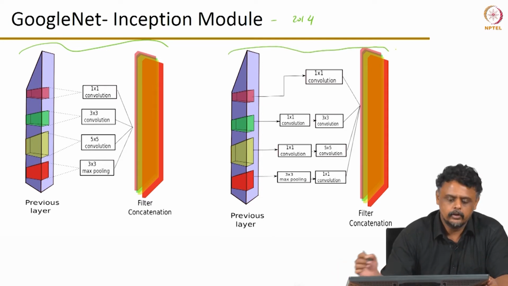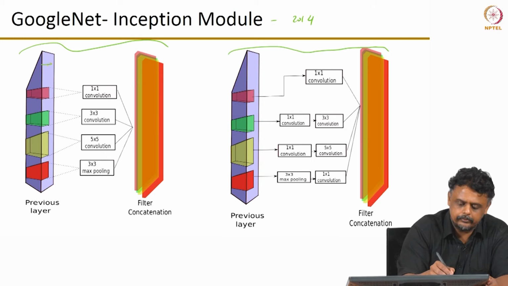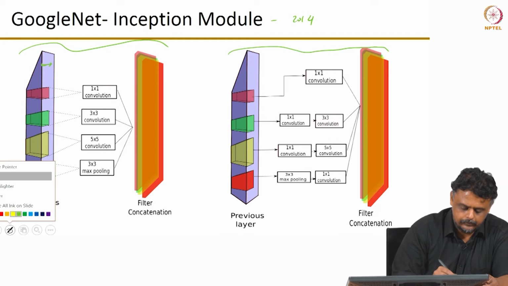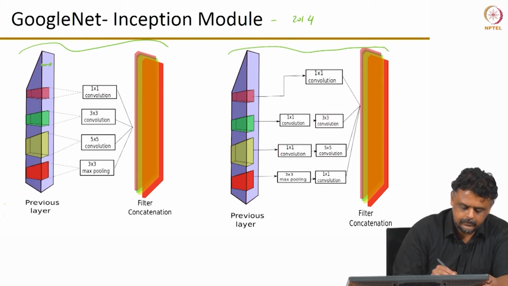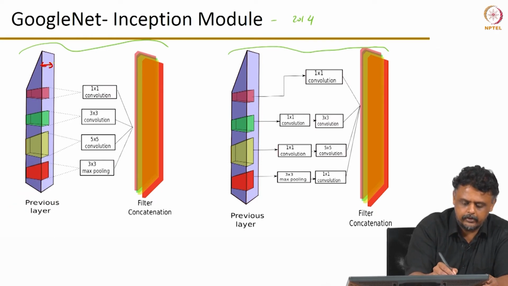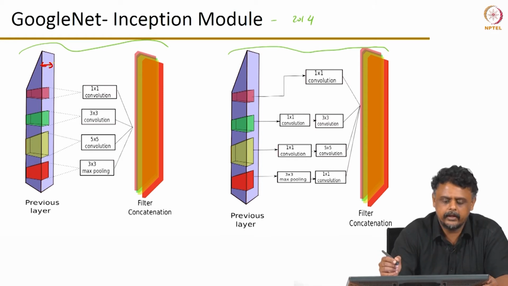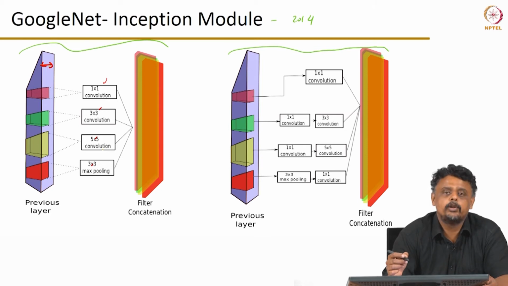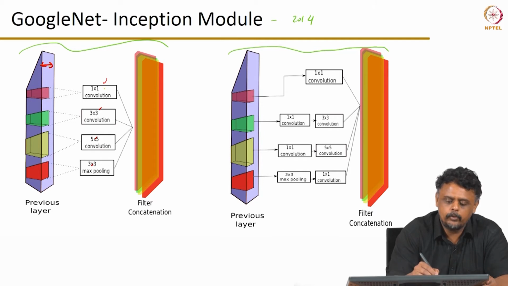So what is the difference? We have an input feature map. This is the thickness of the feature map right here, with some k feature maps, and we have 1 cross 1, 3 cross 3, 5 cross 5, and 3 cross 3 max pooling also applied to these feature maps. The outputs of each of them are taken and concatenated across that way. Okay.